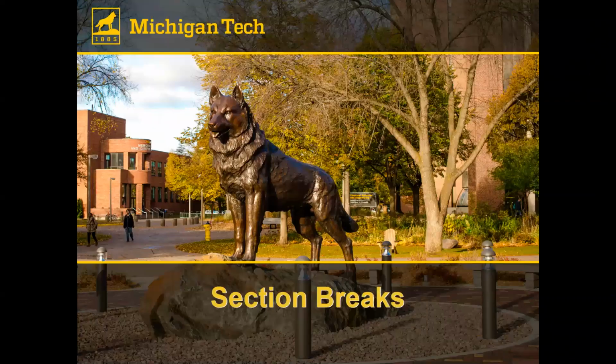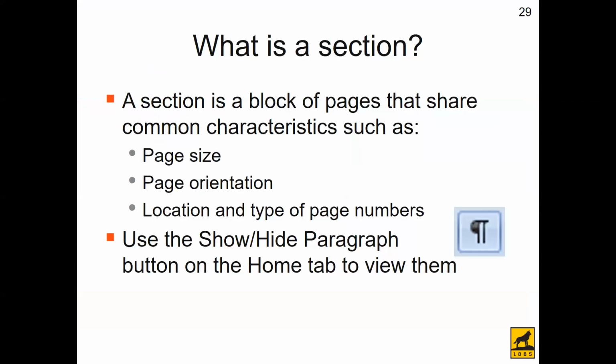Section breaks are the other tool that you need in order to use a template successfully. So a section is a block of pages that share some set of common characteristics. Generally speaking, that's page size, page orientation, and the location and/or type of page numbers.